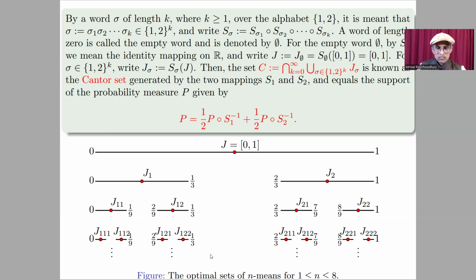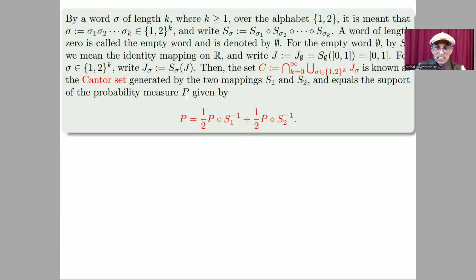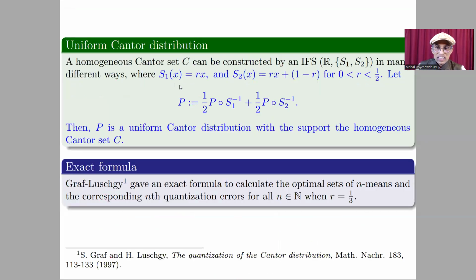Okay. Now, next. The exact formula given by Graf-Luschgy to calculate the optimal sets of n means and the corresponding nth quantization errors does not work for all r in 0 to 1/2. Look at that here. Here is this homogeneous Cantor set, and r lies between 0 and 1/2.